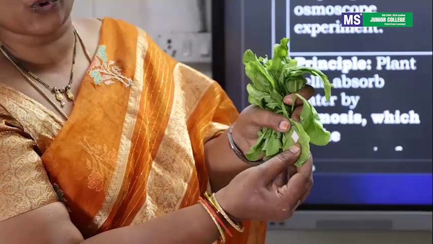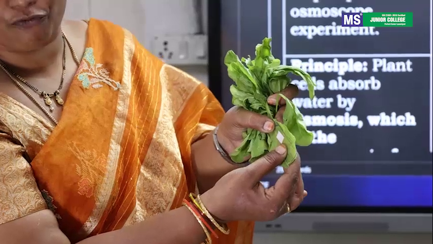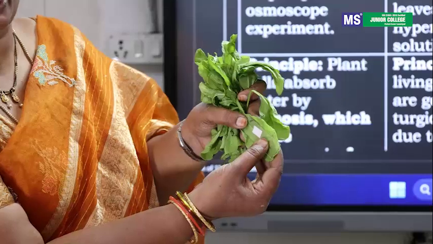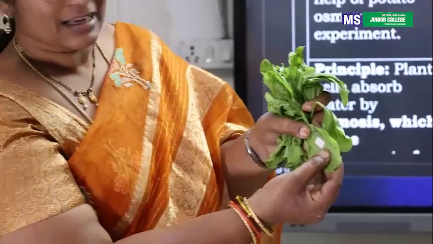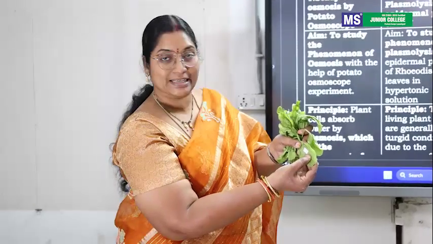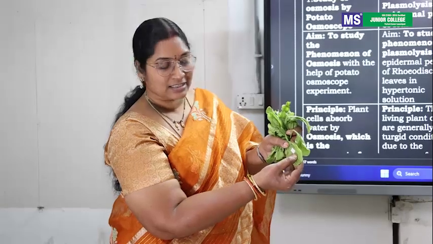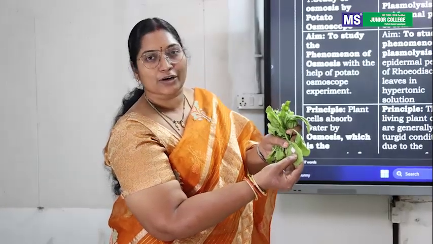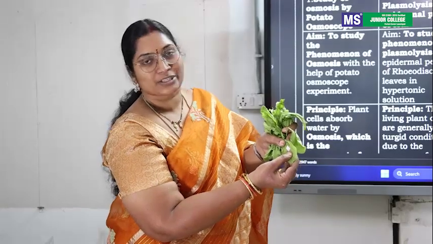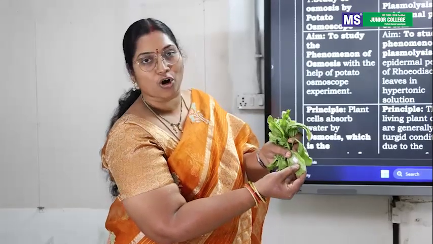Earlier it is blue in color; due to the release of water from the stomata, the blue color is going to become pink color. This is the observation you are going to see during this experiment. The final result is conversion of blue color cobalt chloride paper to pink color due to the release of water through stomata. That is the inference or result.